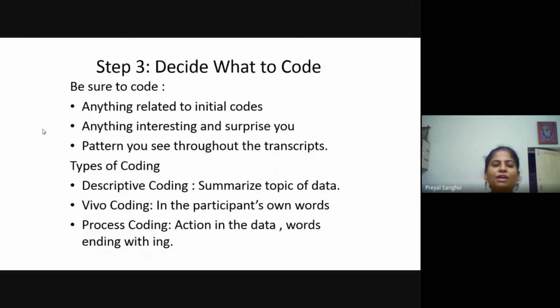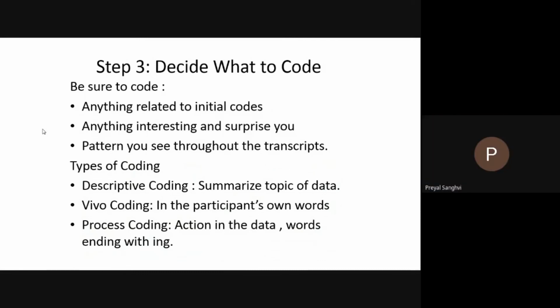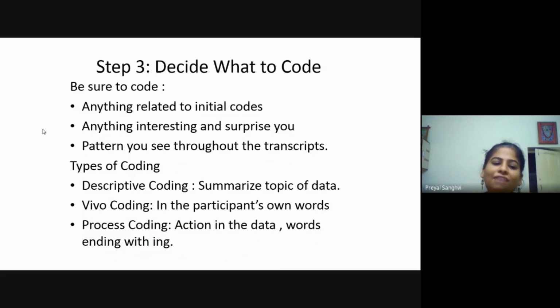Next we are going to discuss the different types of coding we have. We have descriptive coding, in vivo coding, and process coding. These are the different types of coding.